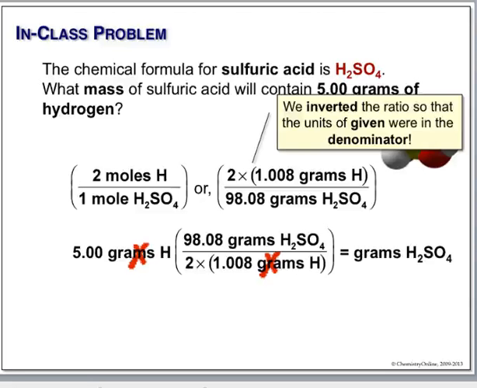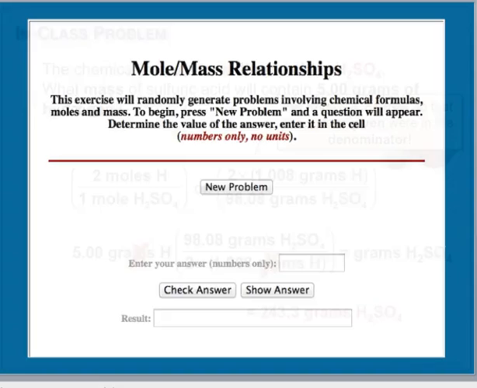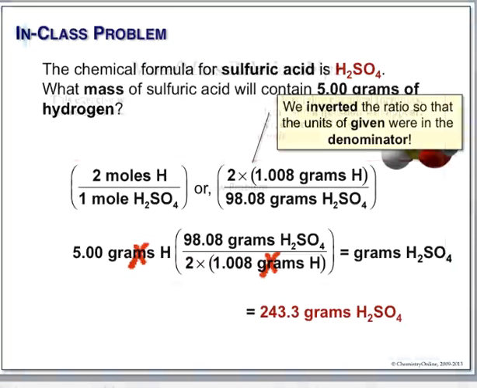Once you play with this method enough, given and ratios and stuff, you'll really appreciate just how easy this makes it. Just remember, units of given in your denominator. So what's the answer? 243.3 grams of sulfuric acid. We're at 3 significant figures, so it should be 243.